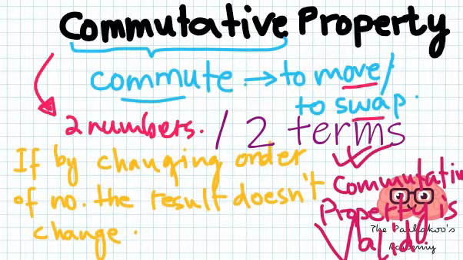And if by changing the order the result changes, then commutative property is not valid. Okay, now let's simplify it by seeing some examples.